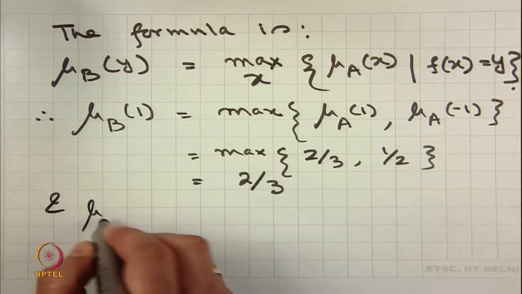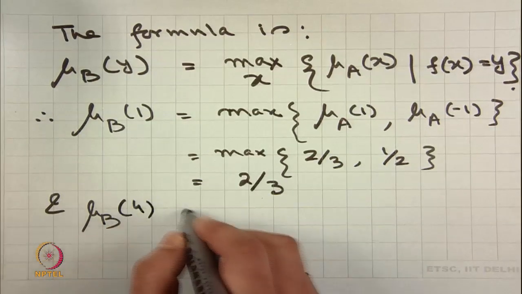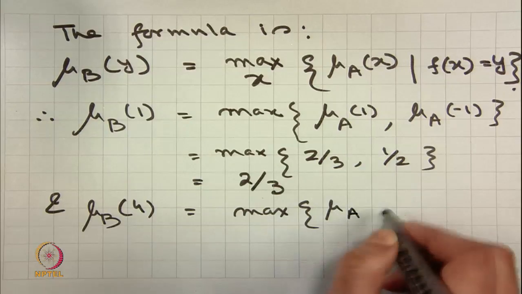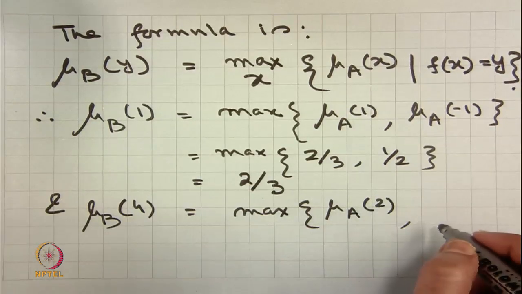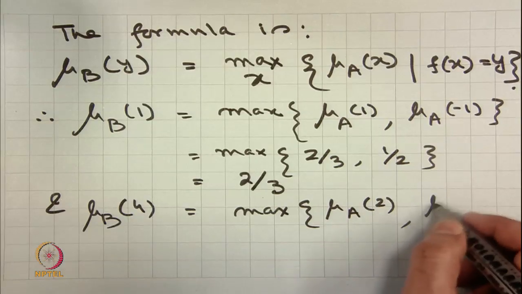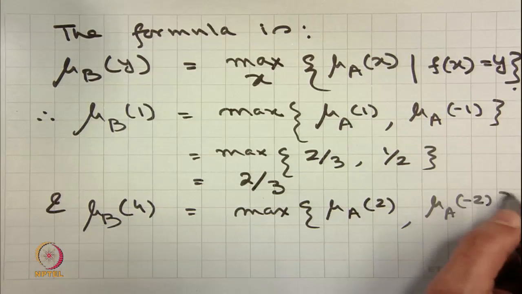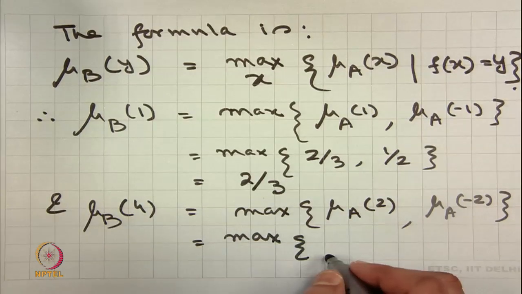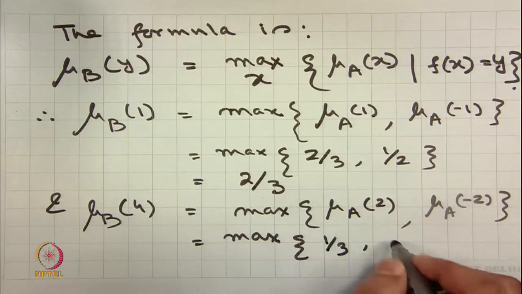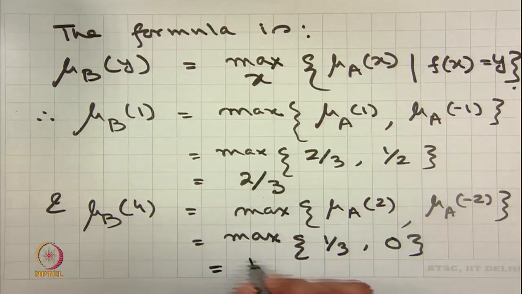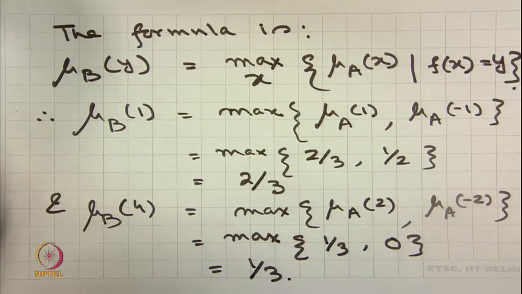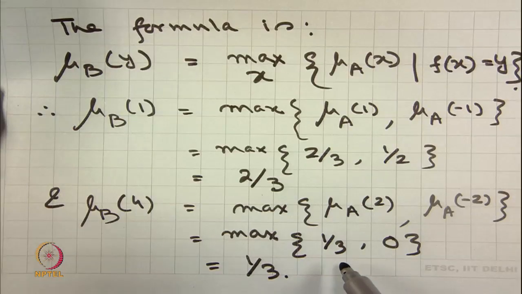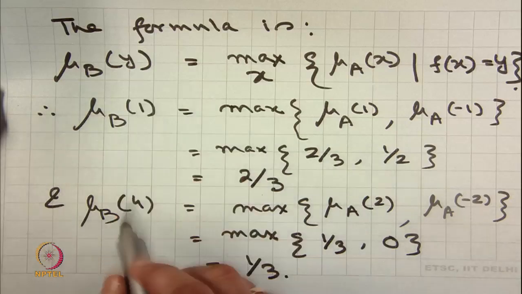And mu B of 4 is equal to maximum of mu A of 2 and mu A of -2, which is equal to maximum of 1 by 3 comma 0, which is equal to 1 by 3. In this way, we can compute the membership of y to the set B.